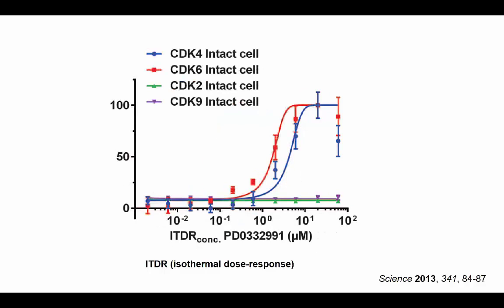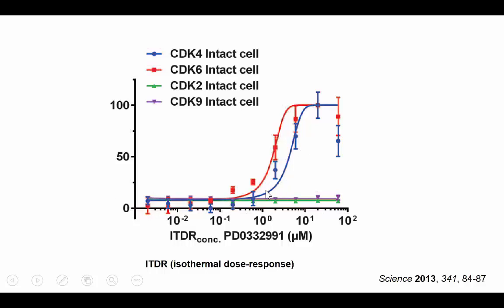So in these pages, this PD compound has been tested against 4 different CDKs. Out of those 4 CDKs, which proteins are the right targets of this compound? Seems like a 2 by 2, right? So it seems like CDK4 and 6 are responding to this compound. These are the right targets for this compound.